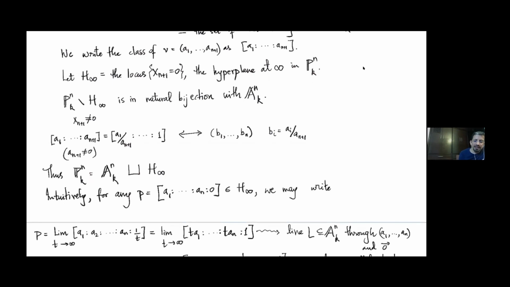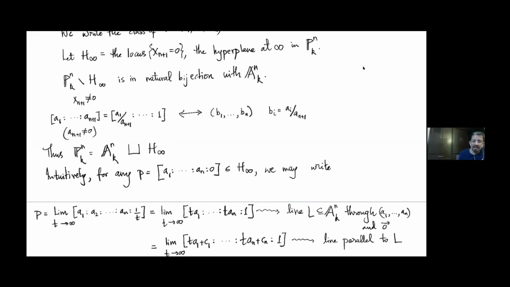If you assume that the last coordinate is not zero, then the complement is in natural bijection with affine n-space, set up as follows. Take your n+1 coordinates and, because they are simultaneous ratios, divide by the last coordinate and make it 1. Then make it equivalent to the remaining n coordinates, that is a_1 over a_{n+1} all the way up to a_n over a_{n+1}.